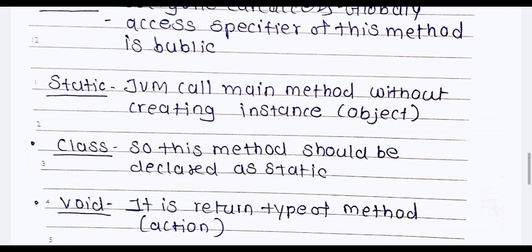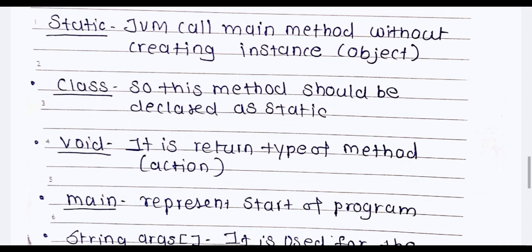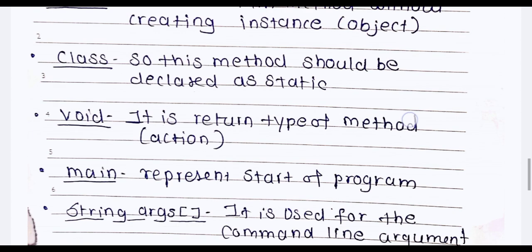Class, why is class written? This is a method basically, and it should be declared as static. Hence we have written static void. Void is the return type of a method, that is action. Okay.